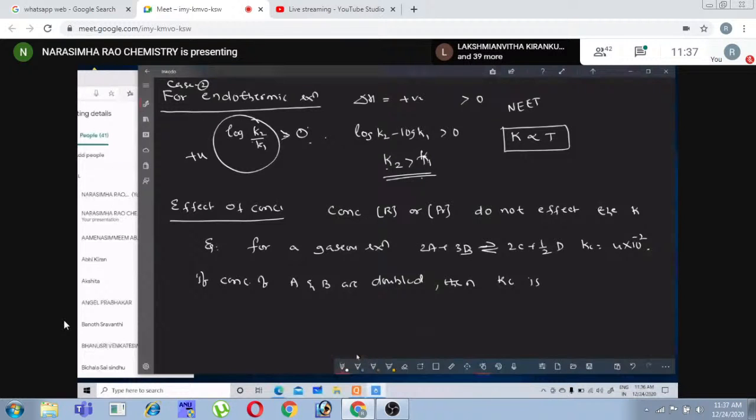Very good, correct answer. Kc is 4 into 10 power minus 2, meaning no change.